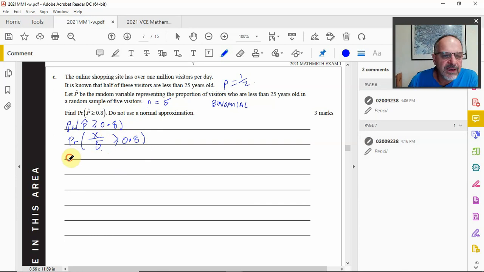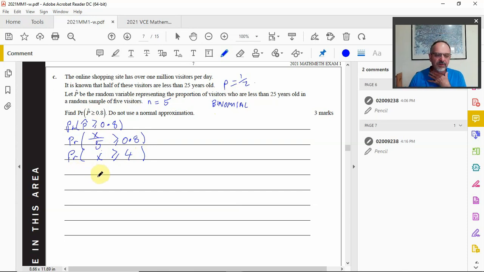So the probability that X, the number of people, 0.5 times 0.8 is 4. So we've got a proportion, and for the binomials we need to work out with numbers, not proportions. Our proportion is the number we've got over our sample size.